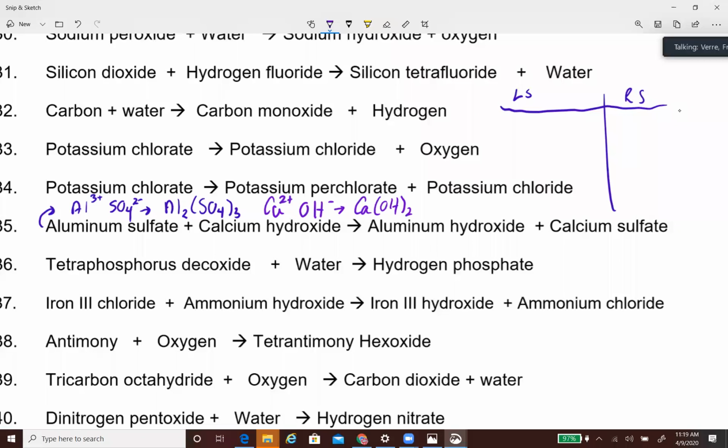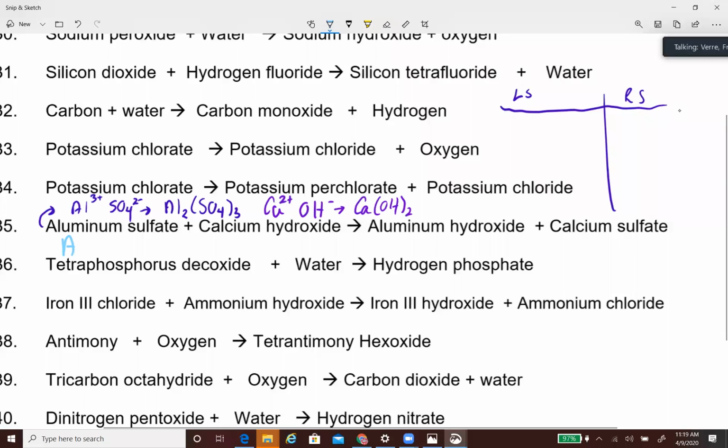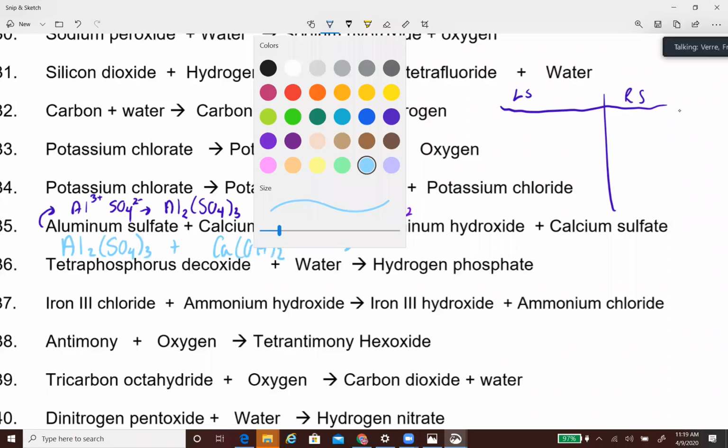I'm going to write this down, okay? So I'm going to write down Al2(SO4)3, okay? Plus Ca(OH)2, and that's going to give me aluminum hydroxide.